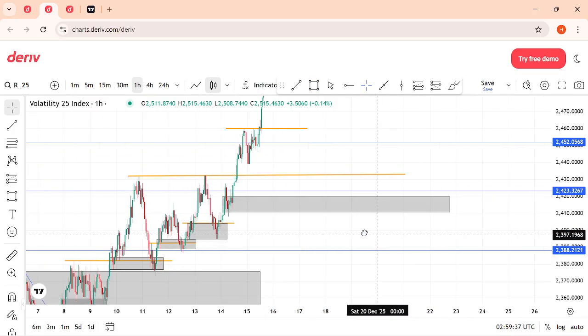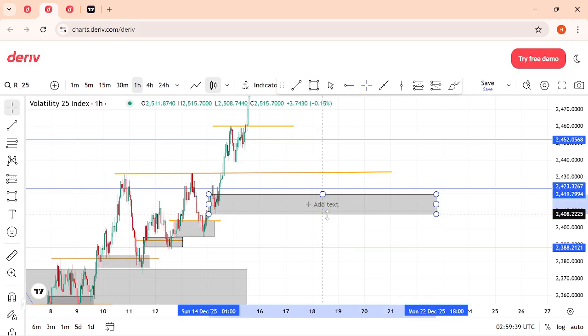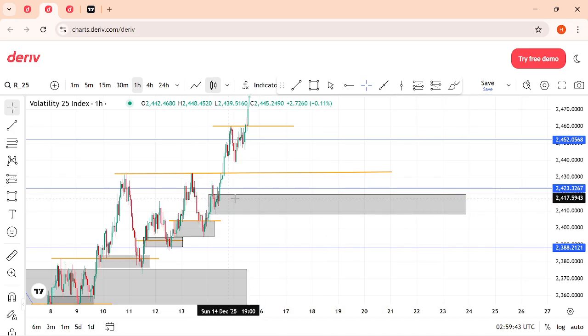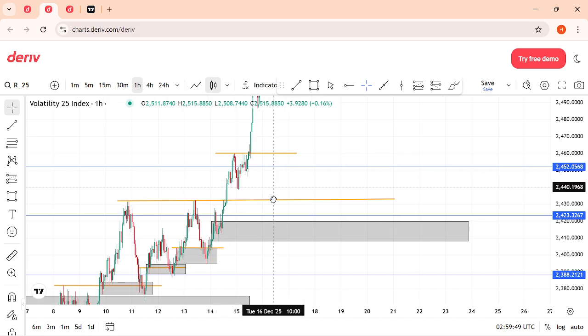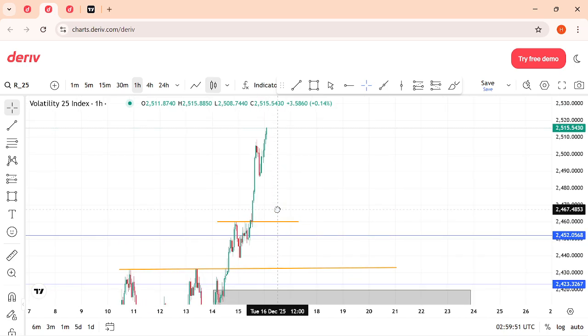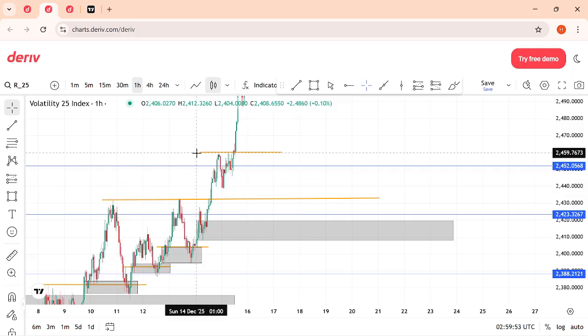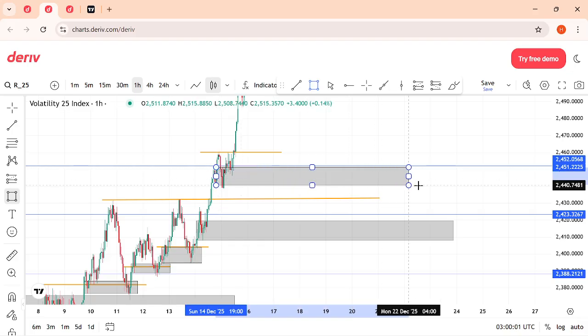Now remember, I always tell you that you have to adjust it to the lowest wick. So that is this. This is one place we would expect price to get to, and this is another place we would expect price to get to. You understand? Because this is a very clear market price, we could either use this order block, which is the last one here.